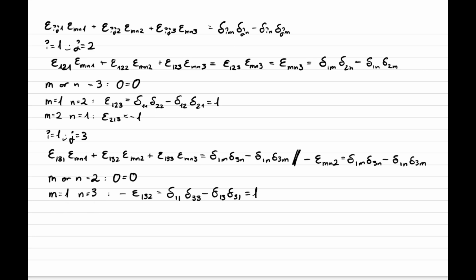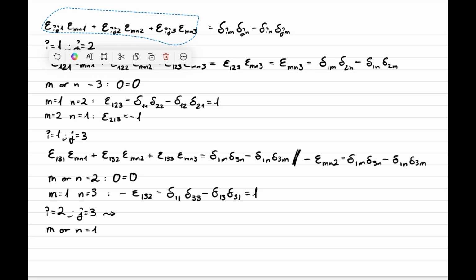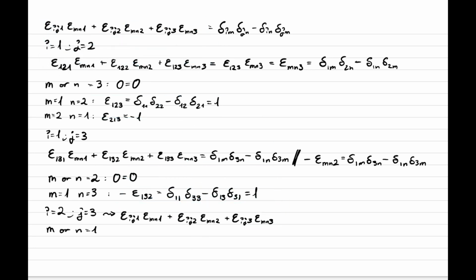So we are left with just one combination of i and j, which is i equals 2, j equals 3. It's all the same thing. So let's say that m or n equals 1. Well, we need to write first the Levi-Civita summation. Let me copy this so that we can write it faster.